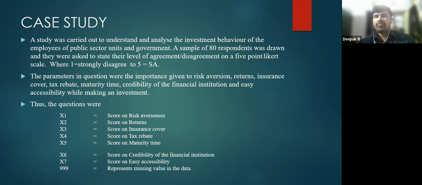So you have got 500 odd respondents, and the respondents were asked questions with respect to which place they come from, and on a scale of 1 to 100, what do they feel their risk averseness is?